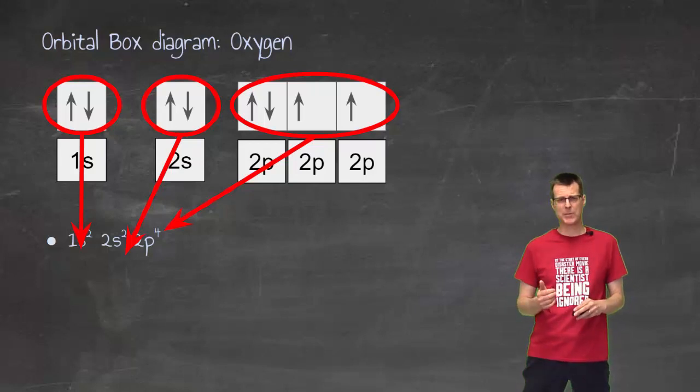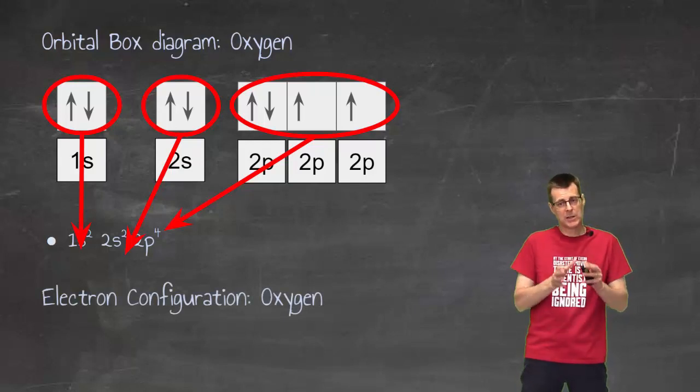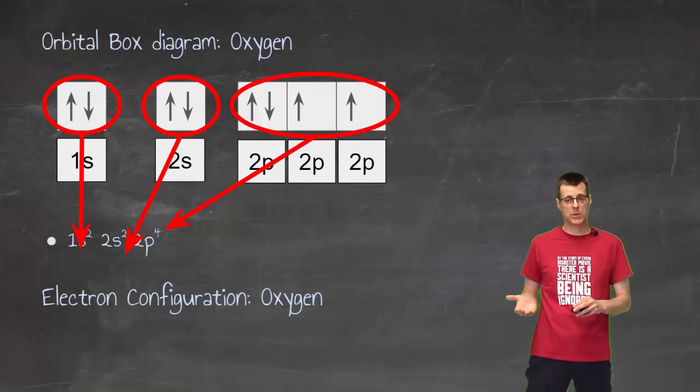I really did a bad job of that. Art is hard. Okay? That represents the electron configuration. So sometimes we'll do orbital box diagrams, sometimes we'll write electron configuration.